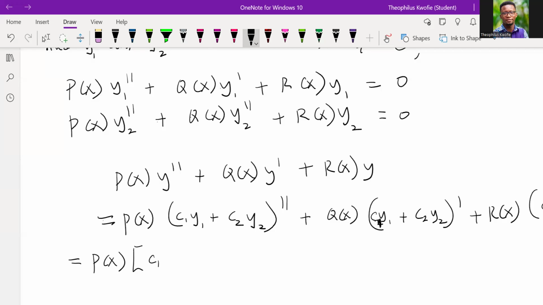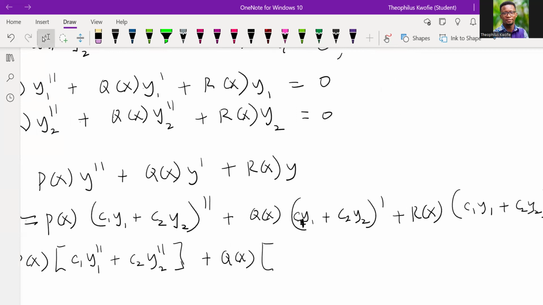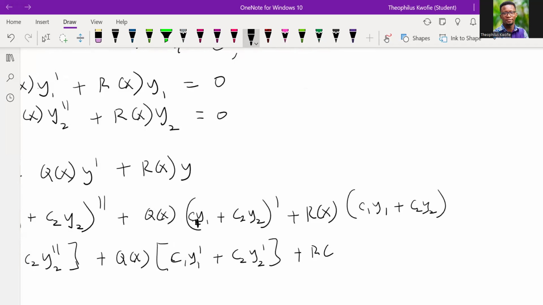So we're going to have c1 y1 prime plus c2 y2 prime, plus q of x, using the basic rules of differentiation, c1 y1 prime plus c2 y2 prime, plus r of x, c1 y1 plus c2 multiplying y2, right?